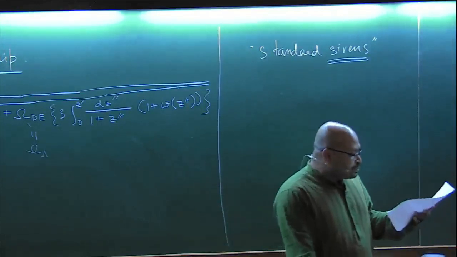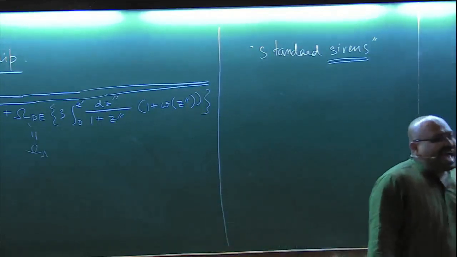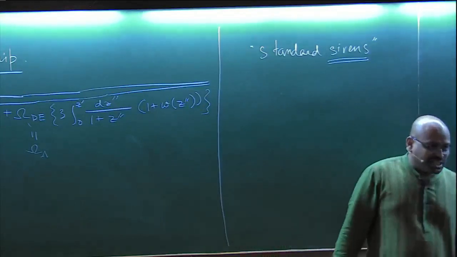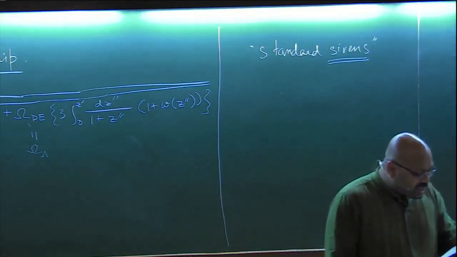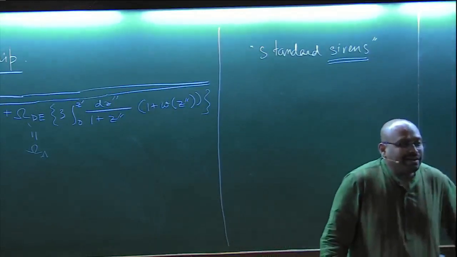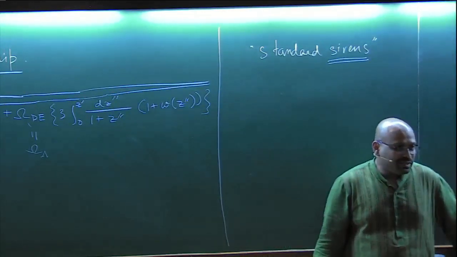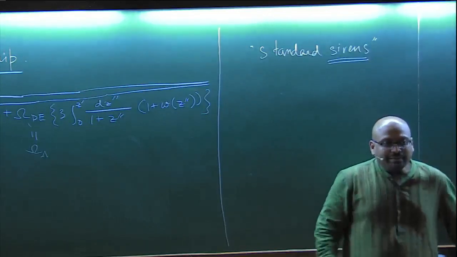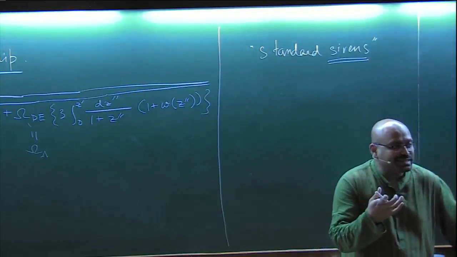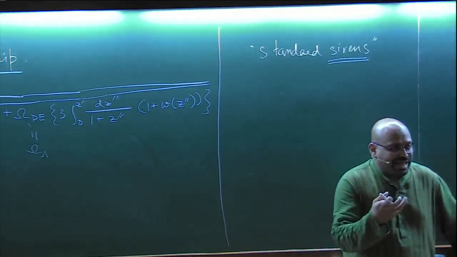Exactly. The question is, can gravitational waves provide us a measure of the redshift? So, if the gravitational waves are coming from a binary of black holes, then for a system that has black holes, there's only mass over there.